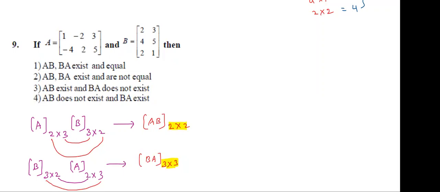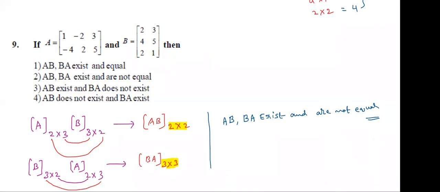So finally, what is the answer? AB, comma, BA exist and are not equal. Both exist for multiplication. AB and BA both exist, but both matrices are not equal.